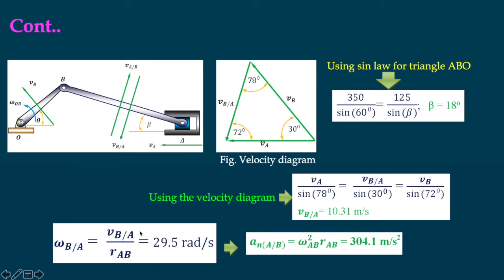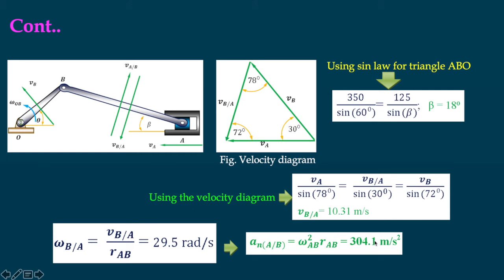VBA is equal to omega into R. So from here, for the link AB, we are calculating the angular velocity of BA. This calculation has already been done in the last lecture also. Now, as VBA is this, and we know the normal component of acceleration of AB is omega square AB into RAB, and omega is calculated here.